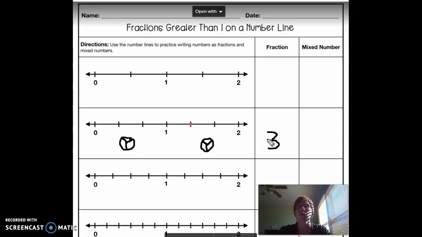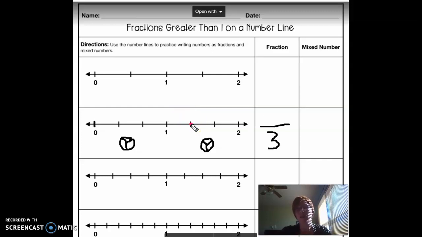So now, for us to finish filling out the box that says fraction, we need to decide how many pieces do I have that are filled in. If I started from 0 at the number line and I went all the way to the dot, how many pieces is that? And these are third pieces, right?